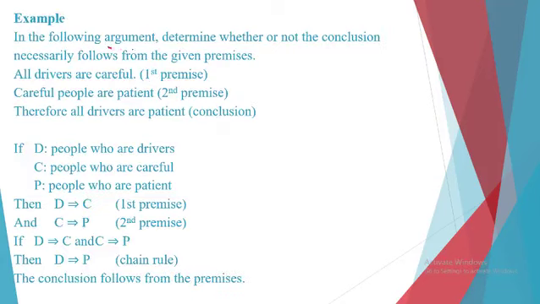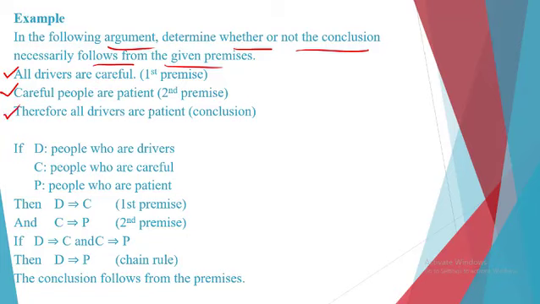In the following argument, determine whether or not the conclusion necessarily follows from the given premises. The first premise: all drivers are careful. The second premise: careful people are patient. In conclusion: therefore all drivers are patient.